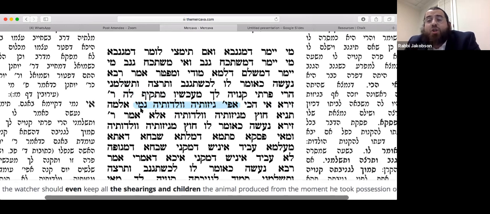Based on this logic, that retroactively the cow becomes mine, with all futures that might occur, because the depositor, the owner of the cow, is selling me both. He's selling me the actual cow, and he's selling me any futures. What's included in any futures that might occur? Babies and shearings.